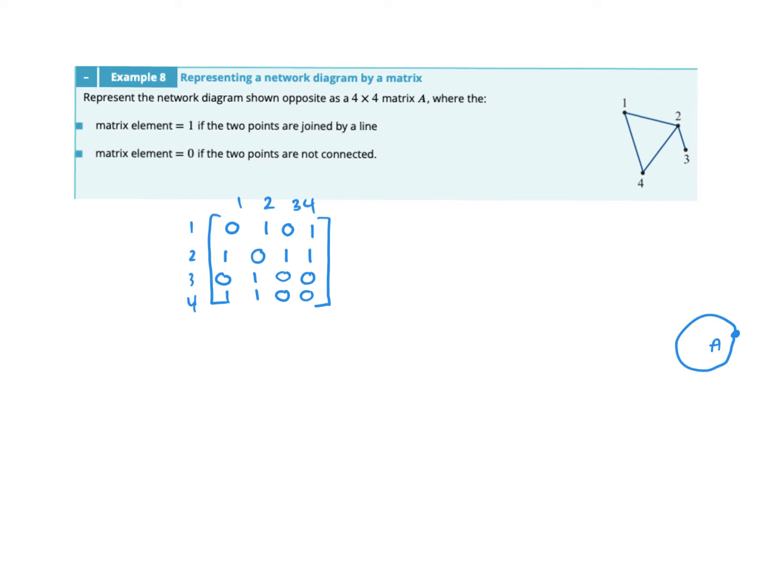So what we're saying is, these are the points. Sometimes they're towns, they might get letters. Because we've got 4 of them, we will have a 4 by 4 matrix. So can you see I'm putting the labels along here, 1, 2, 3, 4. That's labeling those towns, okay? 1, 2, 3, 4.